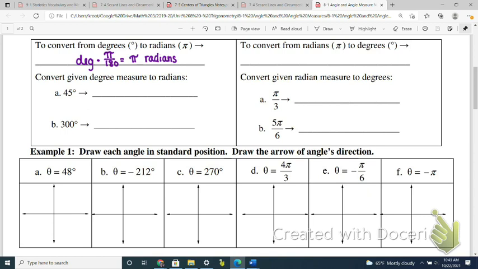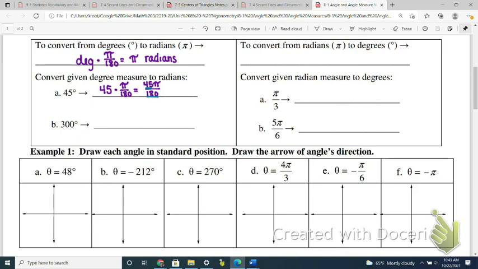So if I want to convert 45 degrees, it's 45 times pi over 180. So multiplying the tops, I get 45 pi over 180. So what I'm going to do in my calculator, I'm going to do 45 divided by 180, and then turn that decimal back into a fraction using math, enter.